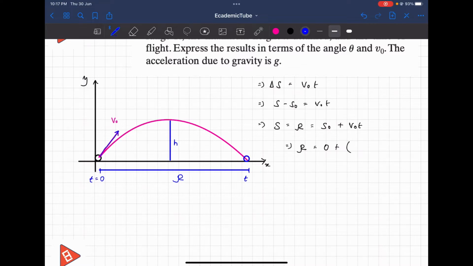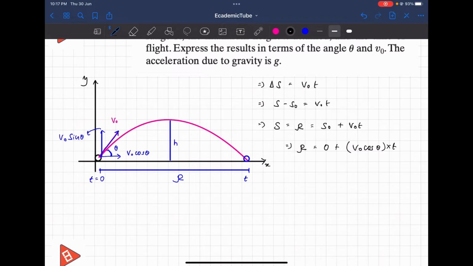We want the velocity in x direction, so we can write this as v0 cos theta, and the velocity in y direction as v0 sin theta, where theta is the angle between the projectile direction and the horizontal direction. So furthermore we can write v0 cos theta times t.